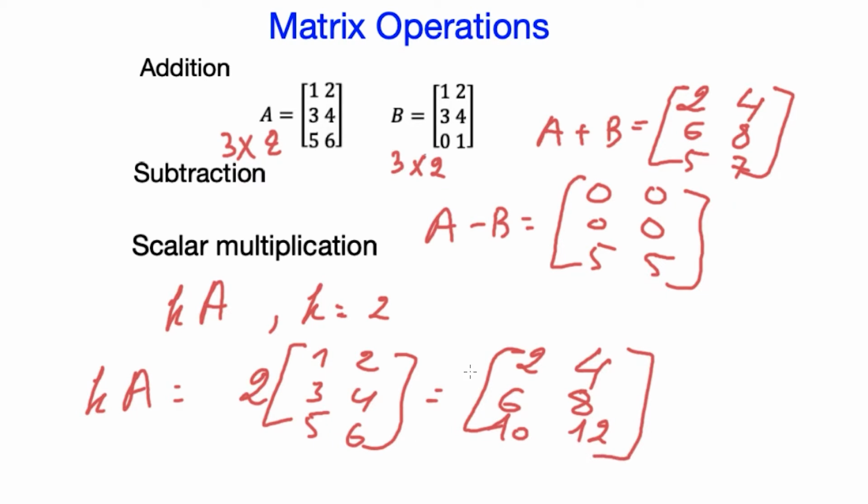So this is the scalar multiplication of a matrix by a scalar K equals 2.